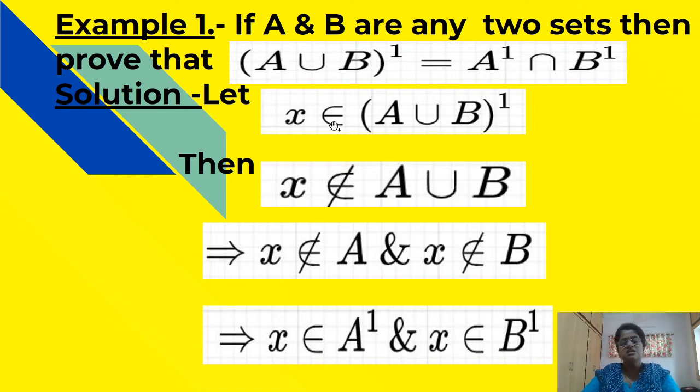Now if x is belonging to (A union B) complement, means x does not belong to A union B. If x is not in A union B, it means that x is not in A and x is not in B. If x is not in A, then we can say that x belongs to A complement, and if x is not belonging to B, then we can say that x belongs to B complement. Means x belongs to A complement and x belongs to B complement.